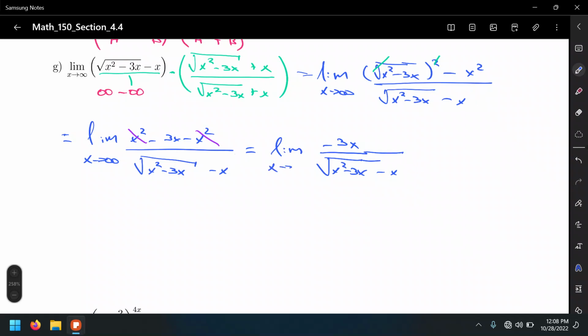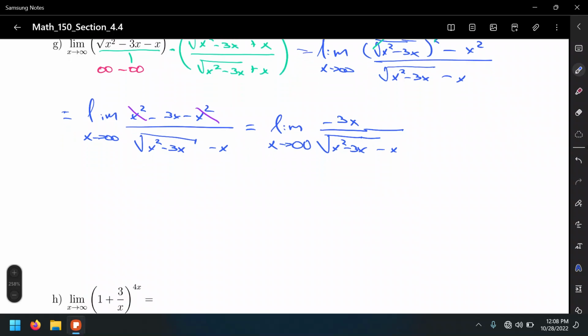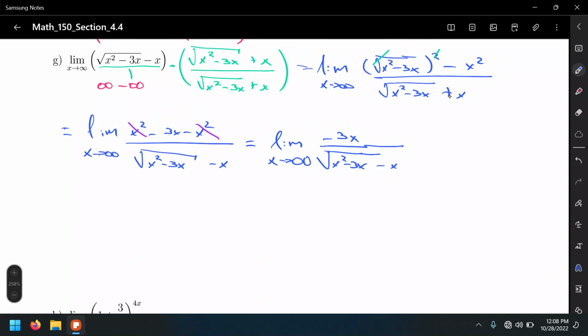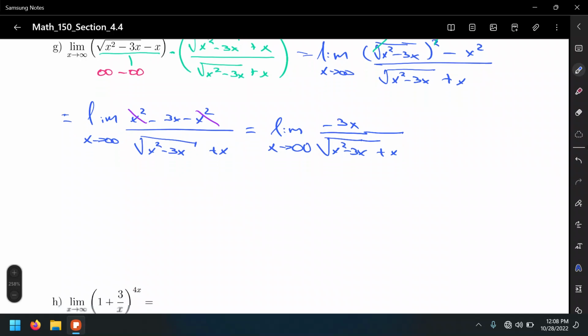Alright, x approaches infinity. Is it minus x, not plus x? Yes, it's plus x, thank you. I made a silly mistake. Sorry about that.